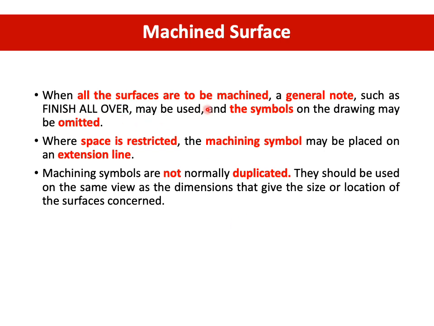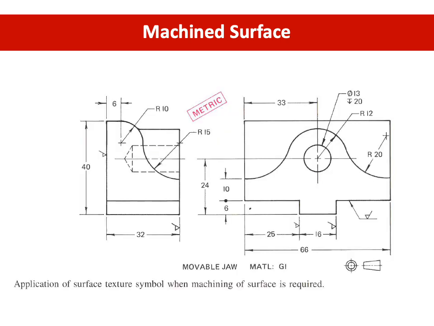So remember, if you have a general note, it means there's a simple explanation. It's just like making a statement. And then finish all over, maybe use the symbol on the drawing, may be omitted. Where space is restricted, the machining symbol may be placed on an extension line, and the machining symbols cannot be duplicated.